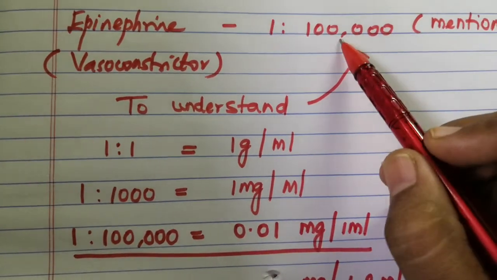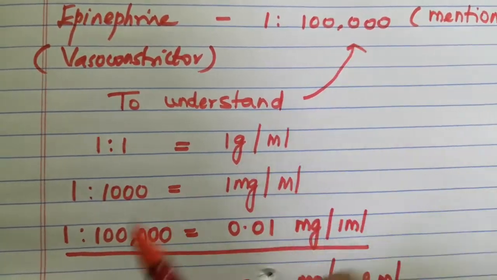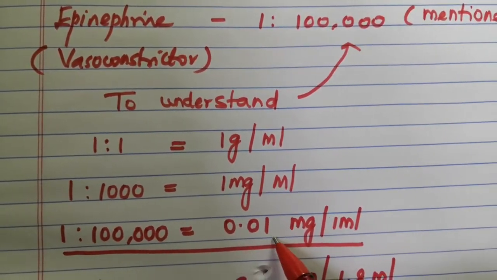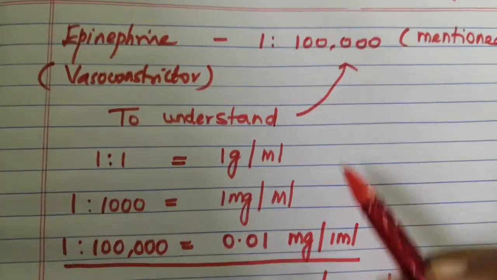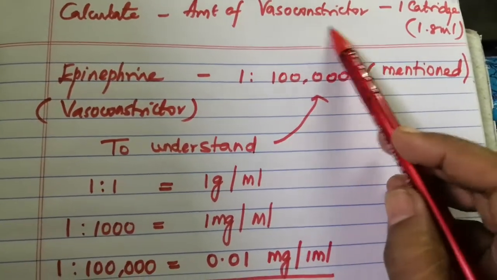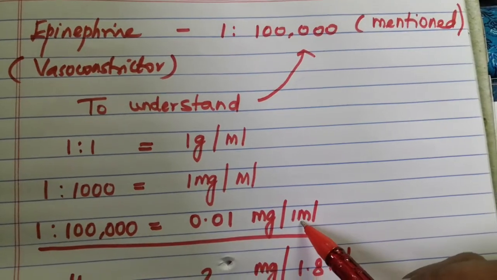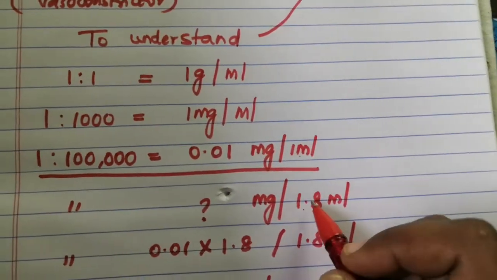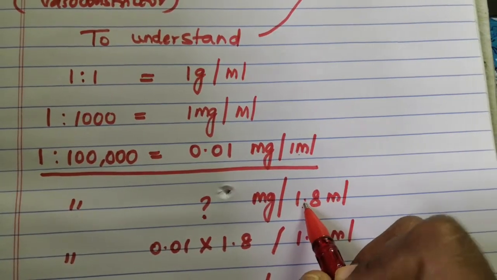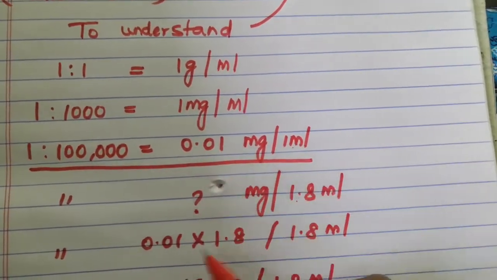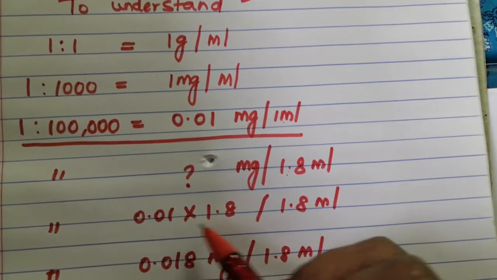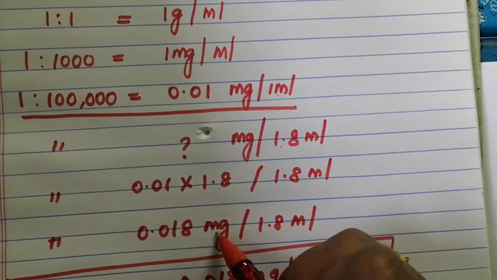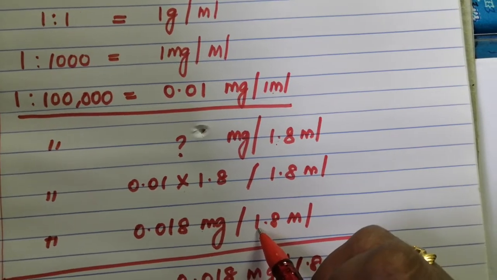In this scenario it is 1:1 lakh, which means 0.01 milligram of epinephrine vasoconstrictor is present in 1 ml. But the cartridge contains 1.8 ml, so we multiply 0.01 by 1.8, which gives a value of 0.018 milligram in a cartridge.